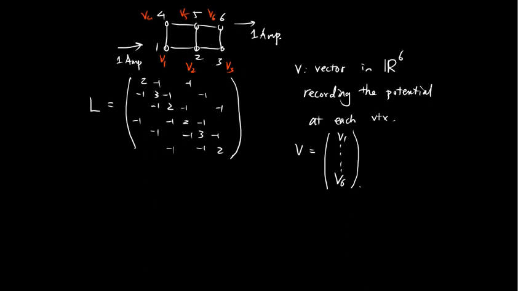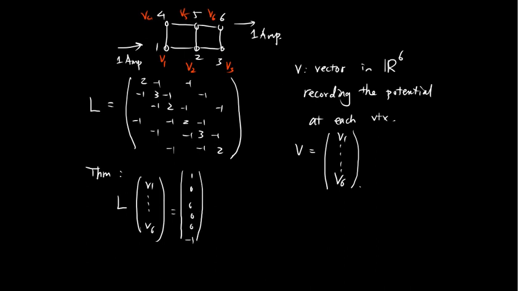The theorem says that L times V1 up to V6 is equal to 1, 0, 0, 0, 0, minus 1. And notice that this is EI minus EJ. So what does this mean?